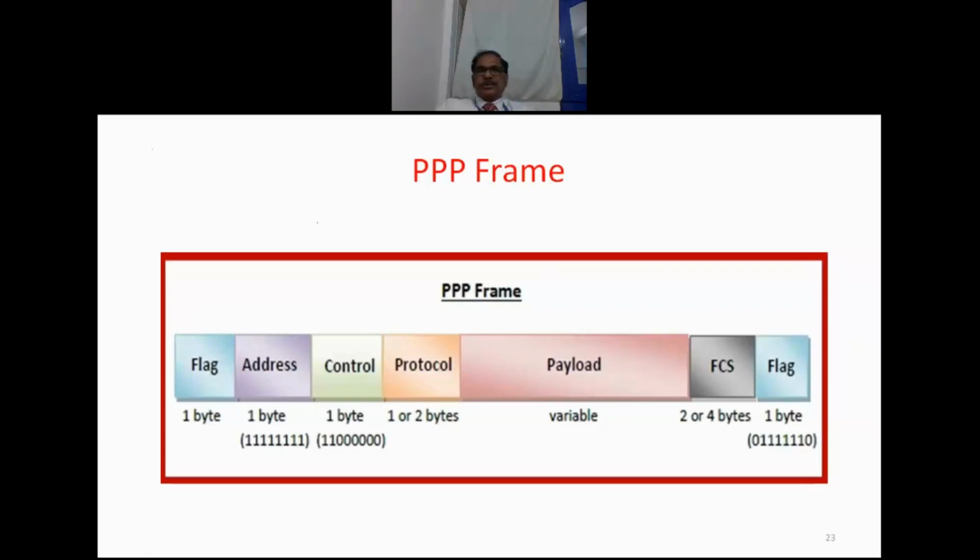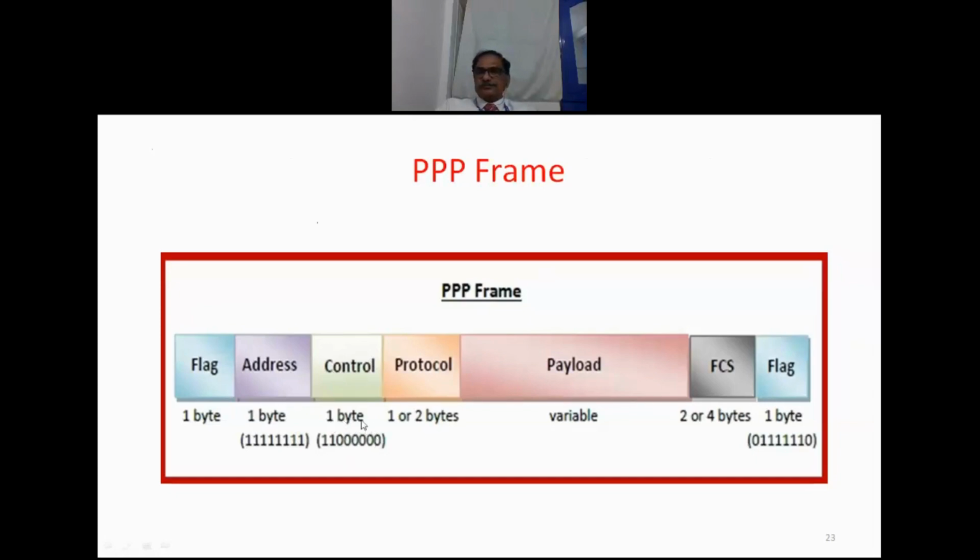Like a circular coming into the classroom, which belongs to all, saying all the students are required to pay the exam fees on or before a certain date. That circular belongs to everyone, so it's a broadcast. Likewise, the broadcast address is all ones. Then the control field. Here the control field is a unique address.